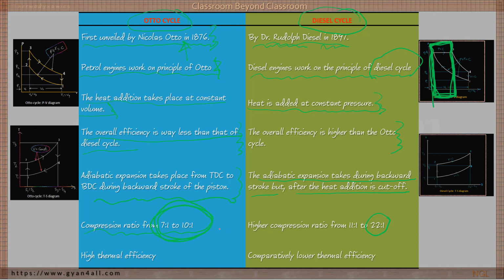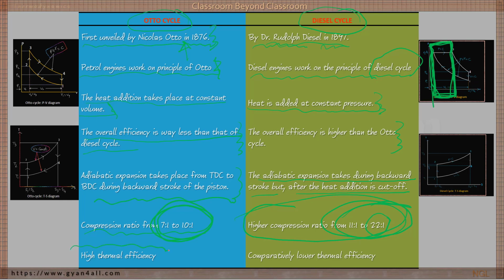Compression ratio for petrol engines is from 7:1 to 10:1, and compression ratio of diesel engine is from 11:1 to 22:1, and that is why diesel engines are very heavy, because they have to resist high compression ratio. Diesel engines use special material so that they can withstand high compression ratio.